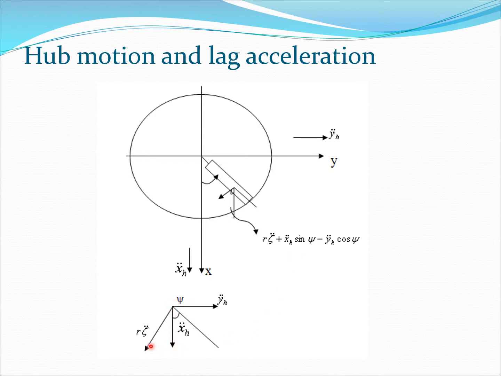If I take the component in this direction, which is parallel to r zeta double dot, I will get xh double dot into sine psi, this angle being psi here. And I will get negative yh double dot into cosine psi, so that's the component in this direction. That essentially is the acceleration which acts at a given point at a distance r from the root.